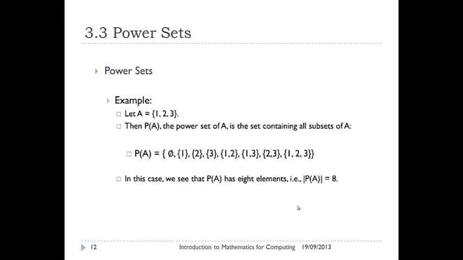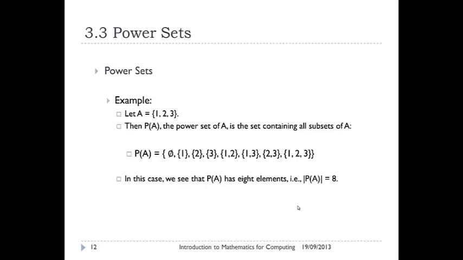So we end up with a list containing the null set, the set with the element 1, the set with the element 2, the set with the element 3, the set with the elements 1 and 2, the set with the elements 1 and 3, the set with the elements 2 and 3, and finally, every set is a subset of itself. So we finally end with the set with elements 1, 2, and 3. The thing to note here is that the elements of the power set are sets.